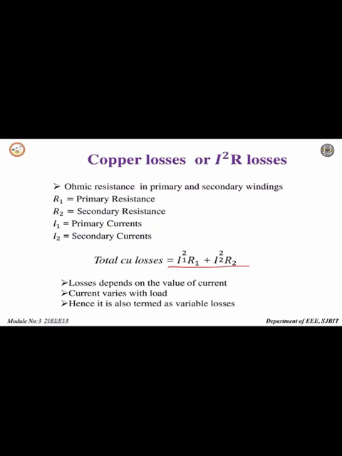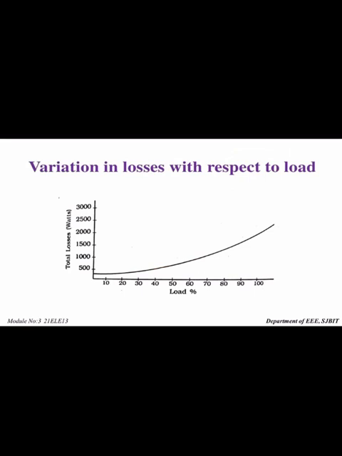If the connected load has a lower value, the current flowing will be less and the losses will be less. Hence it depends on the load, so it is a variable loss. That's why copper losses are variable losses. So here you can observe, as the load increases, the loss is also increasing.